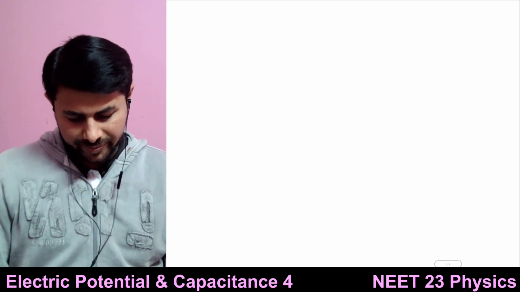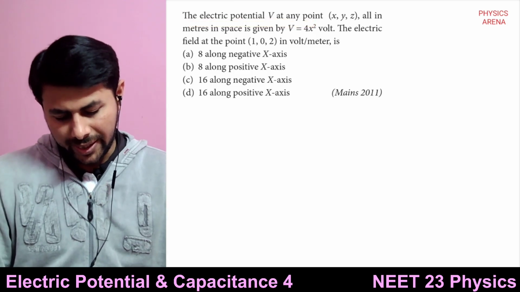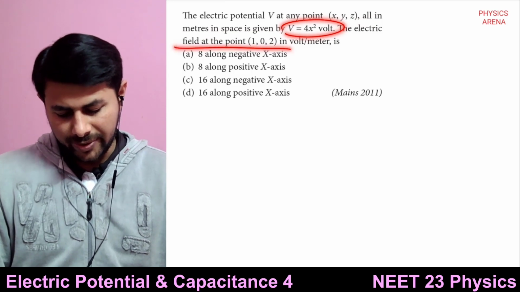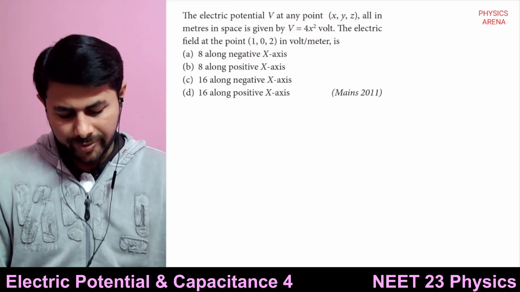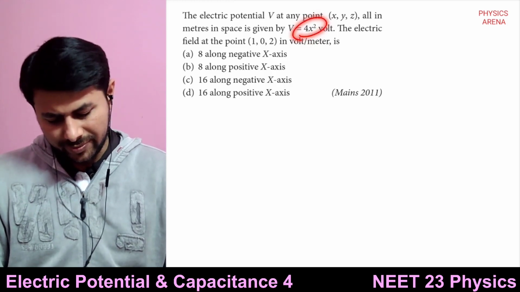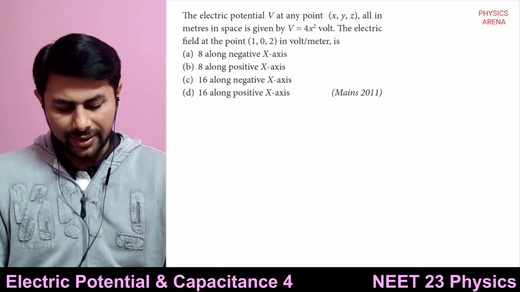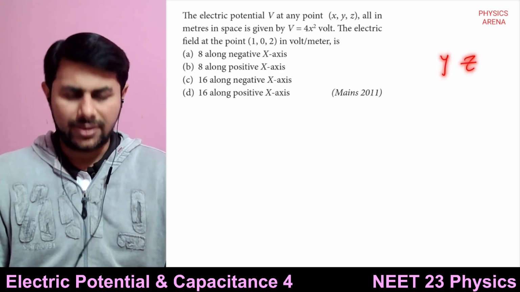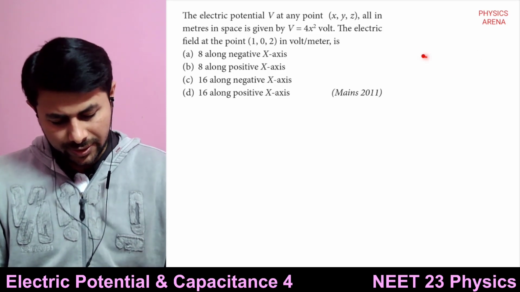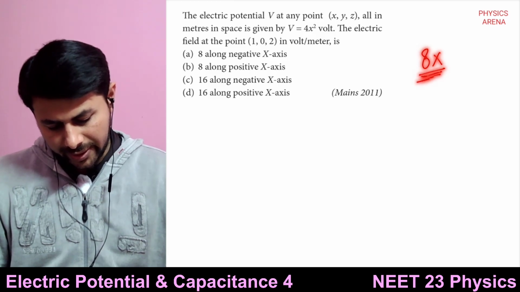Okay, good. Next question. The electric potential V at any point x, y, z is given by this expression. The electric field at 1, 1, 2 in volt per meter is. So this one is only a function of x, right? If you take its derivative with respect to y and z, you will get 0. So it is just 8x, and put x equal to 1.